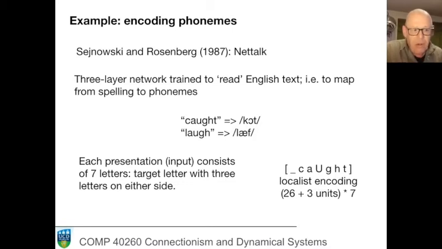Its task was to accept English written text as input and to produce phonemes, or the constituent sounds, as output. These constituent sounds would then be a challenge for a further system, a speech synthesis system, which would turn them into sounds. NetTalk did nothing of that task. Its job was this mapping between orthography and phonology.